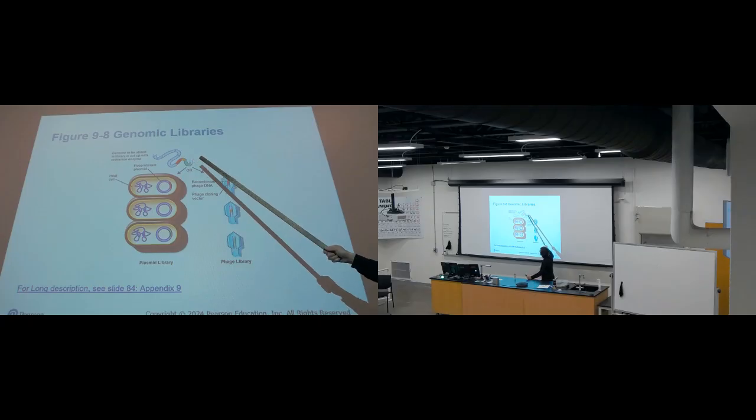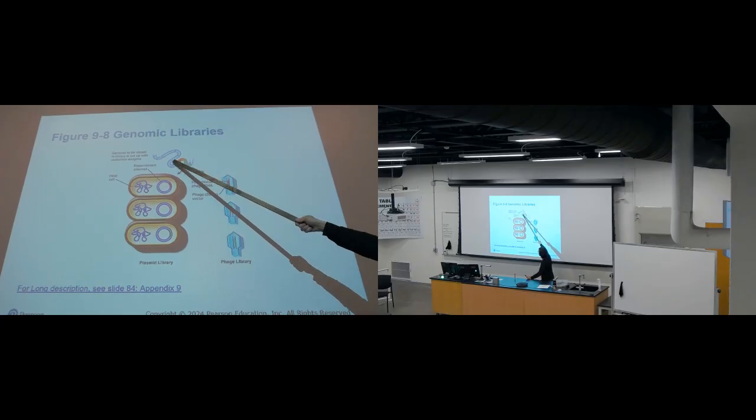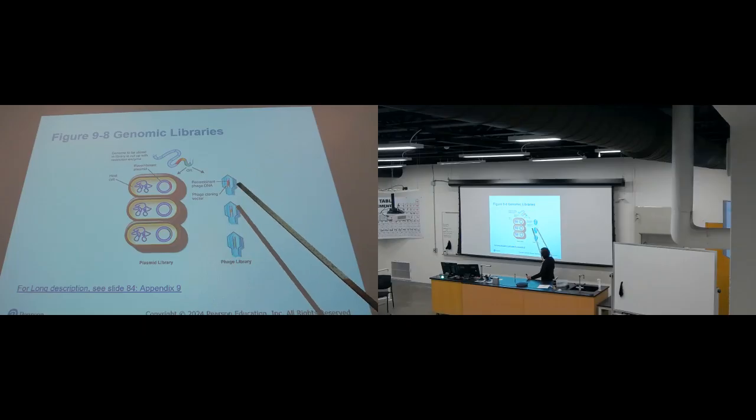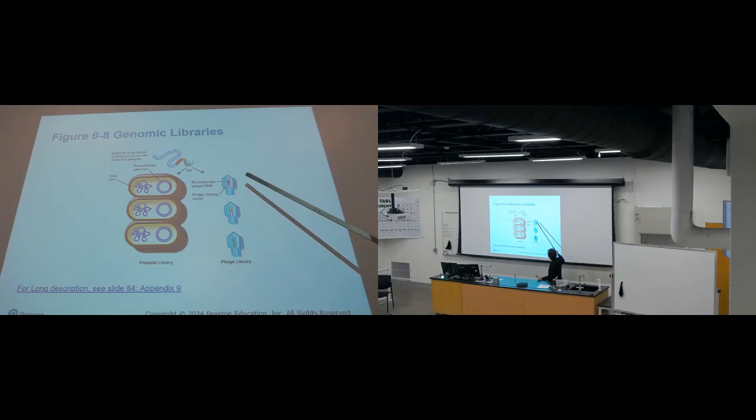So within these regions of this DNA, there are areas that you can cut with a restriction enzyme. And then once you cut it, you can form either a plasmid library or a phage library.